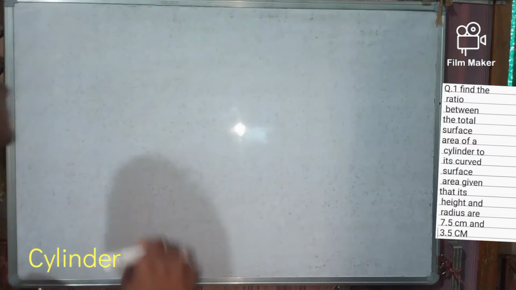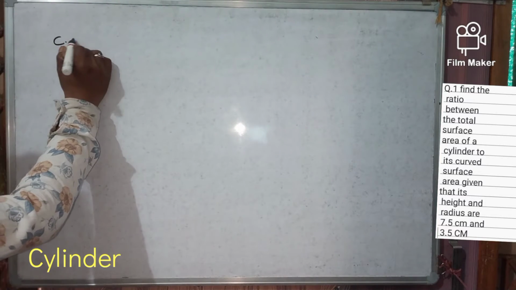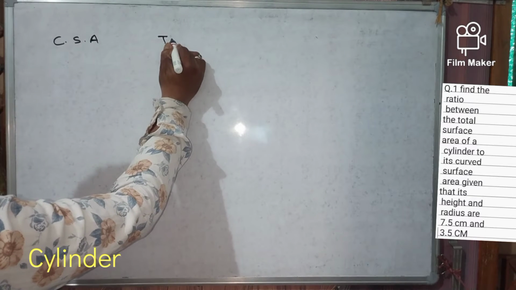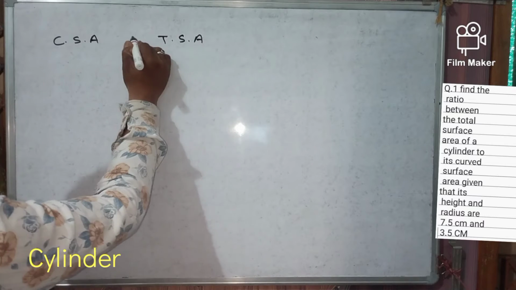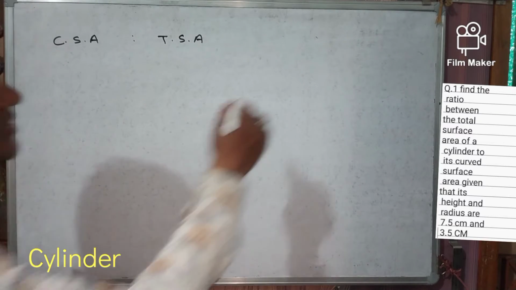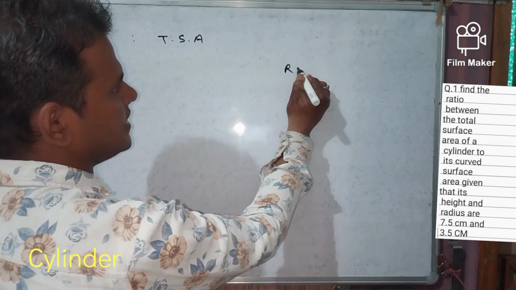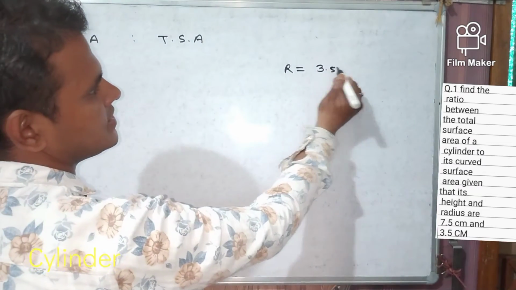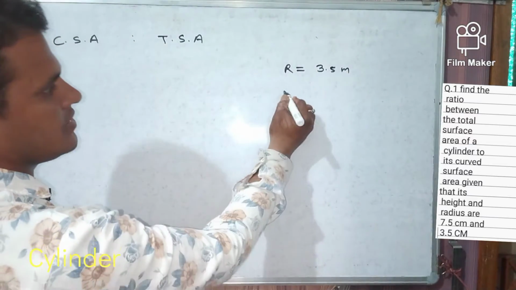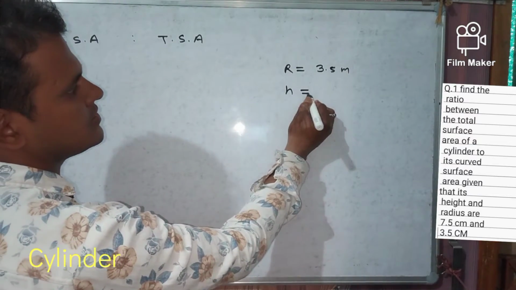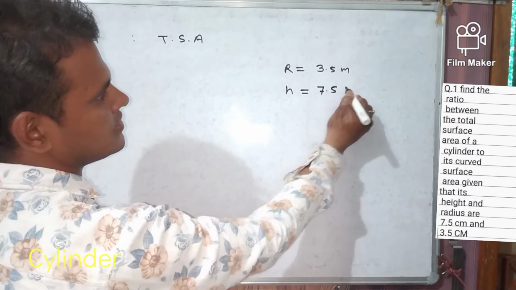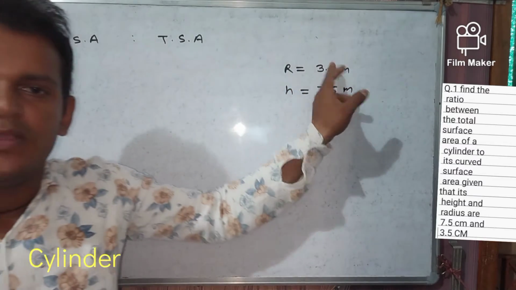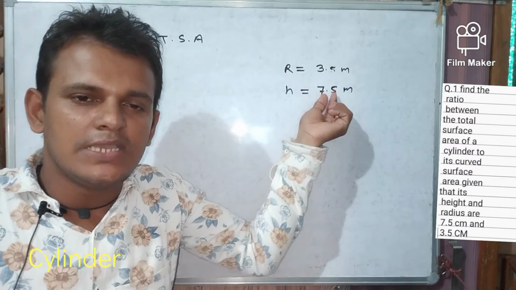So now see here, curved surface area and total surface area ratio, right? Radius of the cylinder is given 3.5 meter and height is given 7.5 meter.